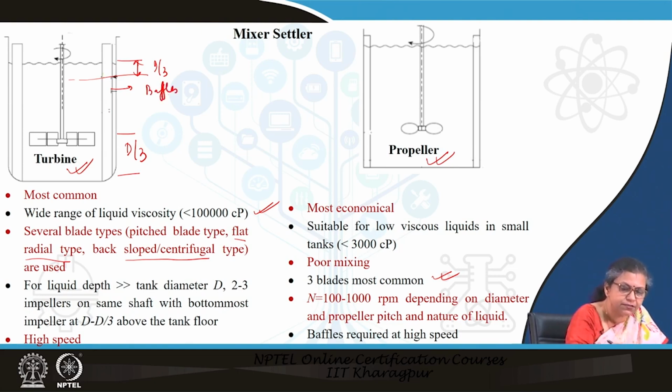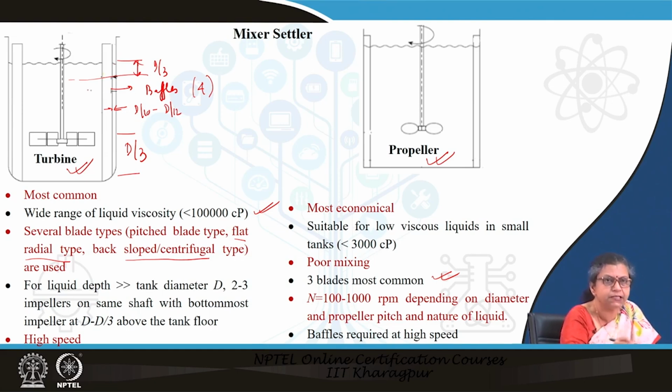What are these baffles? They are thin strips of metal which are fastened on or welded on the tank wall. Generally, we go for not more than 4 baffles. We have found that 4 baffles are sufficient. These thin strips, and I will be giving you the design parameters, more or less their height is equal to the liquid depth and their thickness is about say d by 10 to d by 12, where d is the diameter.